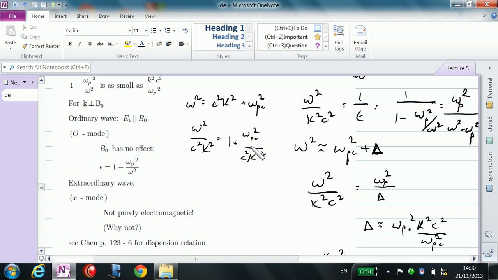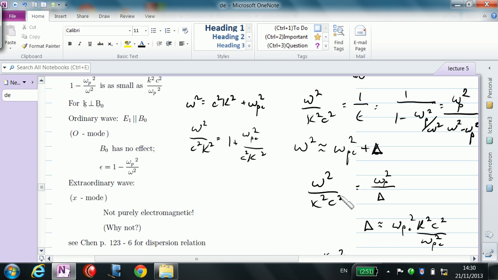This one gives this one. This and this are the same? Let's see, you can take it over to the other side. You have omega squared minus omega pe squared over c squared k squared. Actually, I should do it the other way.